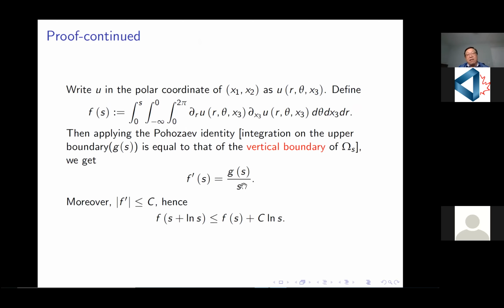In the higher dimension case, this will be s to the n-2, sorry, n-2. If we play with this equality here, now remember that 1 over s is not integrable. 1 over s is barely not integrable, when we integrate 1 over s, you get log s.